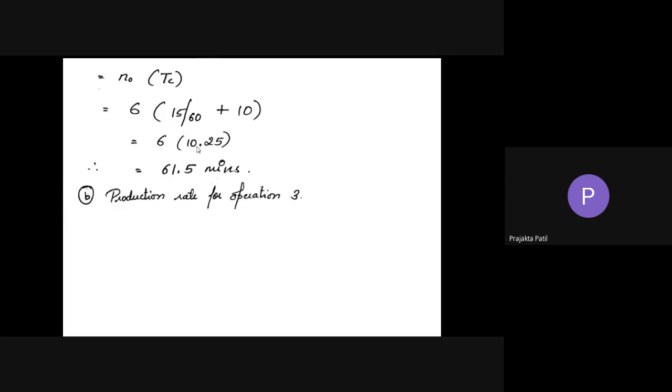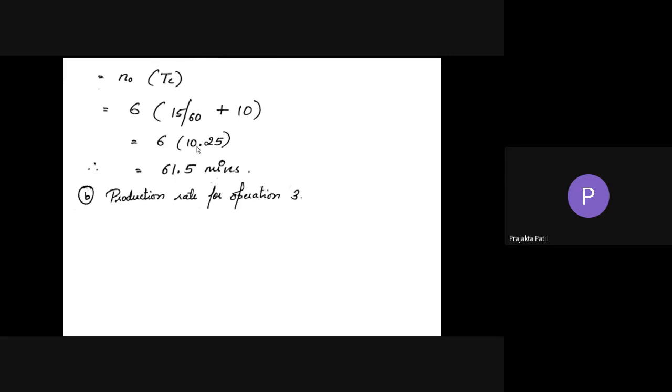So moving to the next part of the solution, you have to find what is the production rate for operation number 3. Now, production rate for operation number 3, is it going to be the same as in the previous case? No, ma'am. No, because that was for problem number 1, where we found the production rate for operation 3. It was with respect to batch production. But now we are talking about mass production, and we have an equation for mass production to find out the production rate.